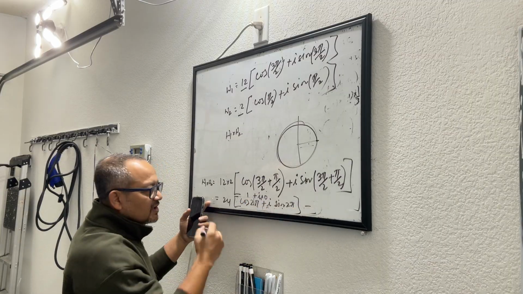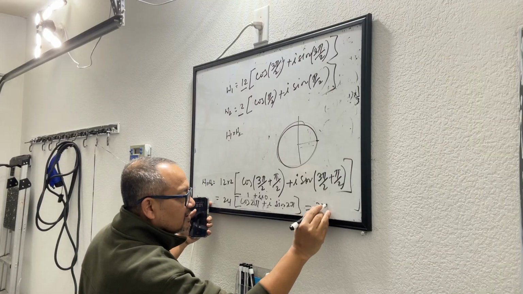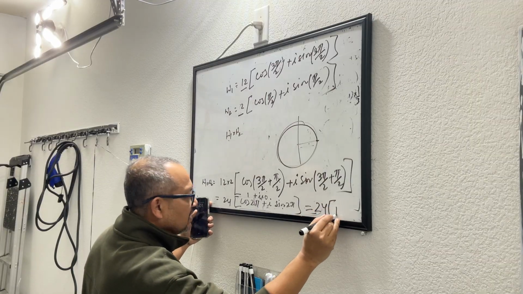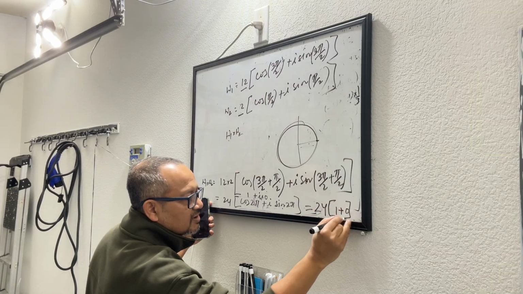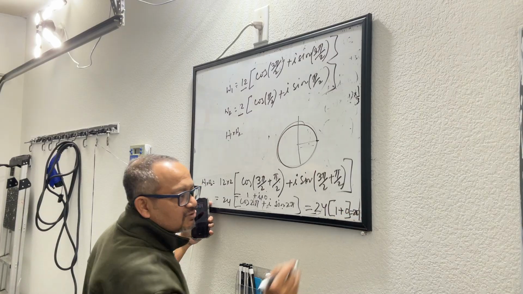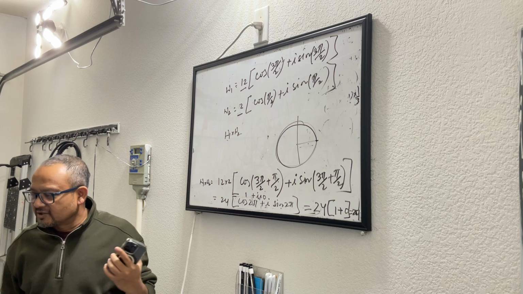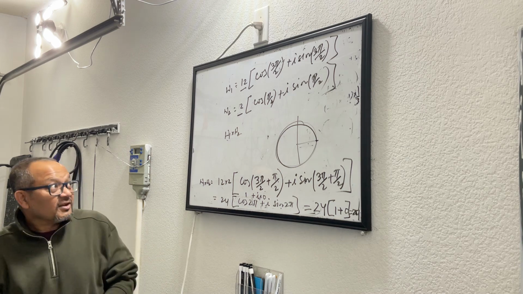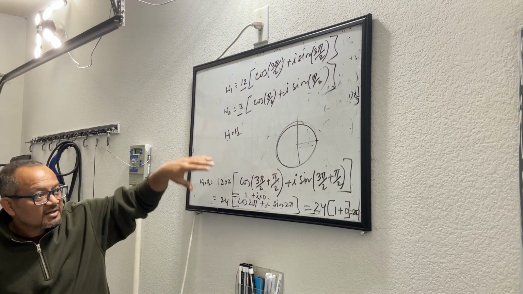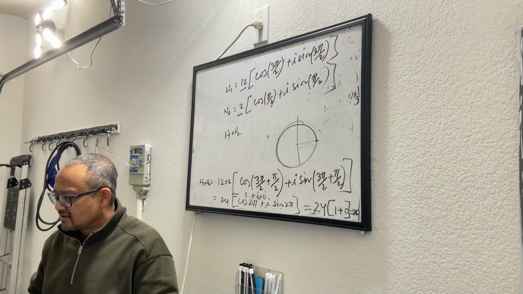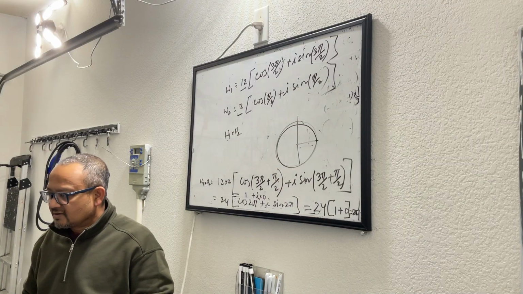So this complex number is nothing but 24 times 1 plus 0. The value of this complex number is 24. Yeah? So the imaginary component is not there actually. When you are multiplying these two complex numbers, you are getting this. Does that sound okay?